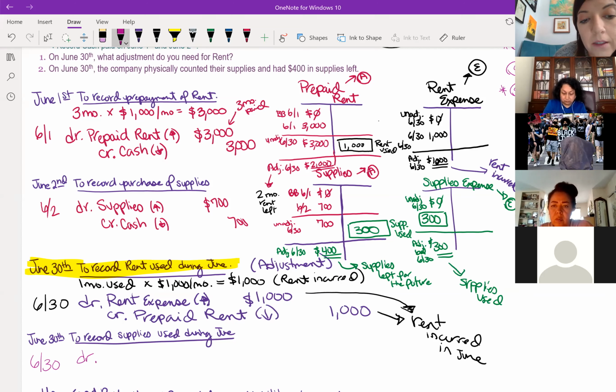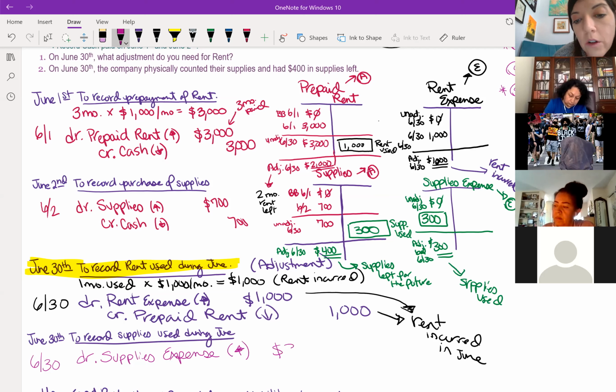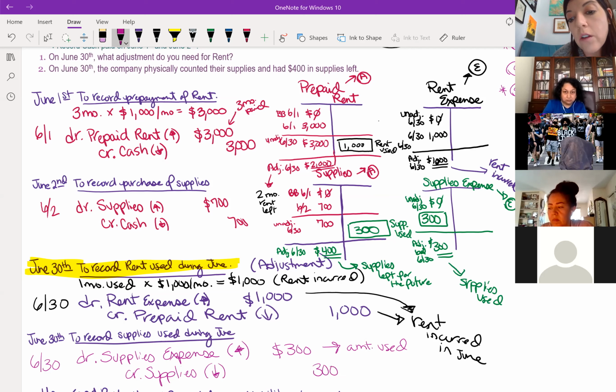I'm going to debit supplies expense, increasing supplies expense for $300, the amount used. And I'm going to credit supplies, the asset account, reducing supplies for the amount used during the period, $300.